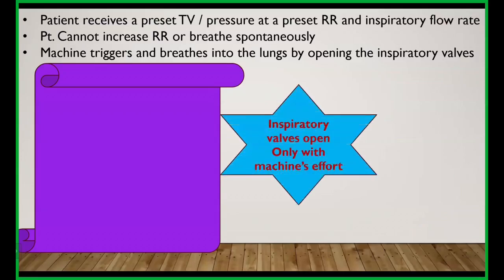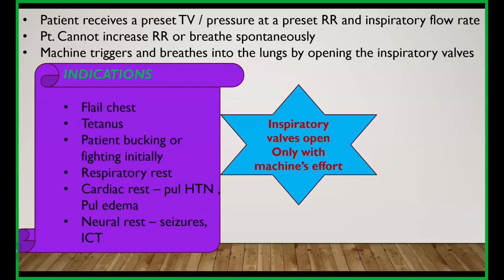Here the machine triggers and the machine itself gives the breath, not assist. The inspiratory valve opens only with the machine's effort, whereas in other modes, the patient's effort can also open the inspiratory valves. But in this mode, inspiratory valves are opened only by the machine's effort.